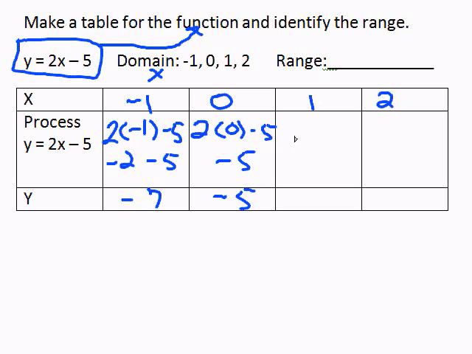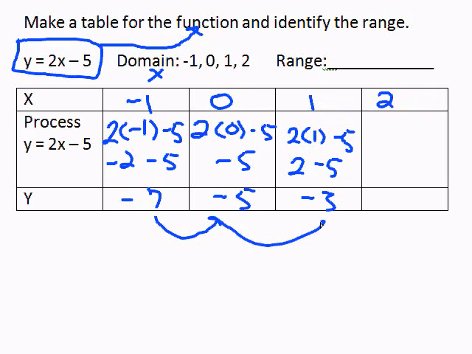What happens if x is 1? It's 2 times 1 minus 5. 2 times 1 is 2, minus 5 is -3. If when you're filling out these tables you notice a pattern on the y's, because the x's follow the same pattern, x goes up by 1, so the y's are going up by 2, we can skip the process of finding y by just adding 2 to -1.